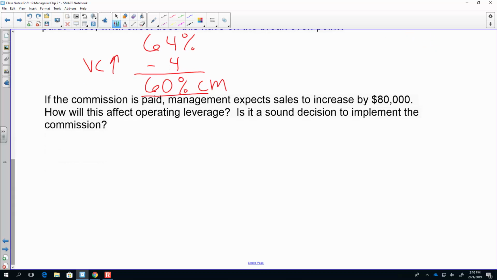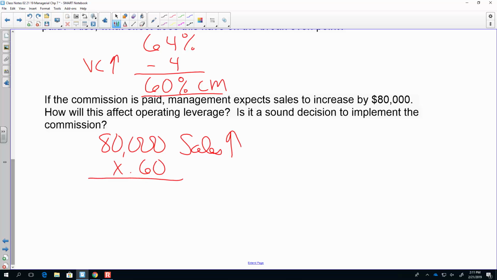We've said our margin's coming down to 60%. Sales are supposed to go up with this incentive by 80. It will produce 48,000 of additional profit.